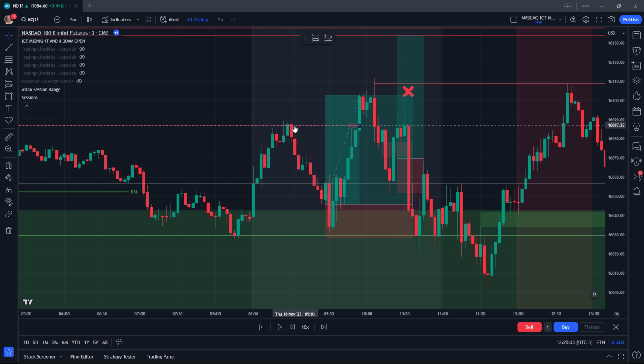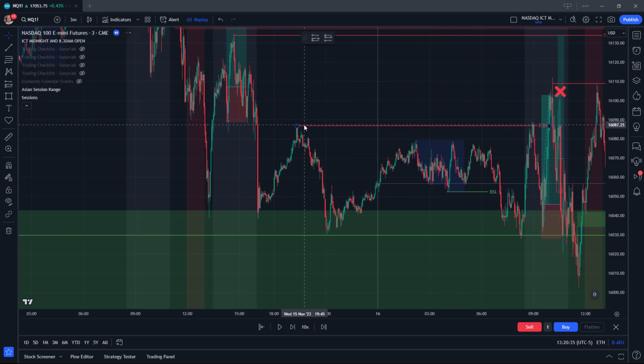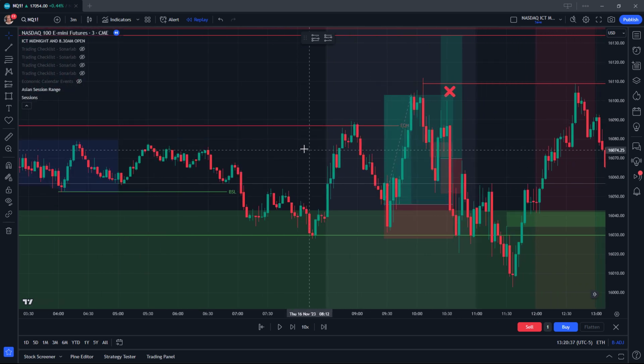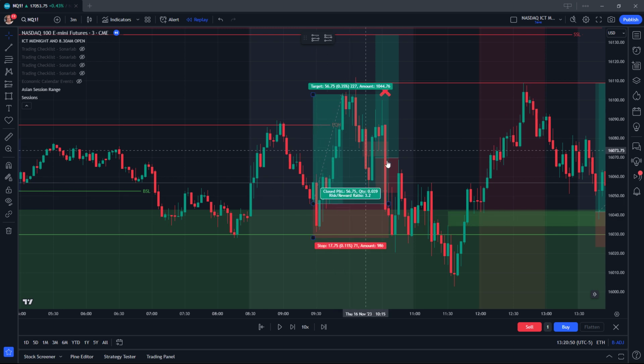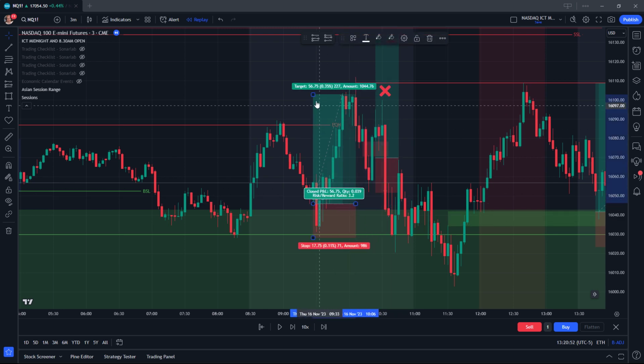Once I saw price rejecting off of this high here, I took this trade off because I was worried that price might have taken internal liquidity, might want to come and smash down below here, and it is actually what happened. So this analysis was correct. It's just unfortunately we could have got, you know.